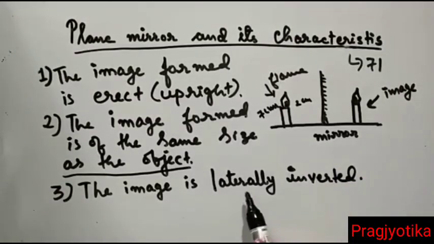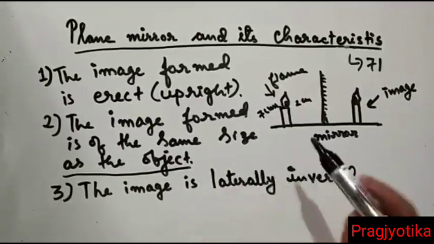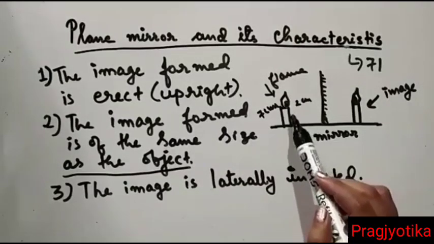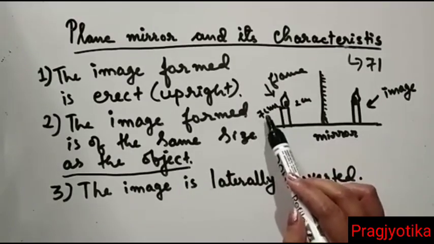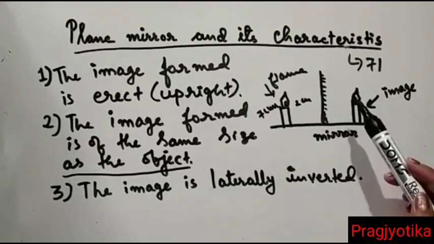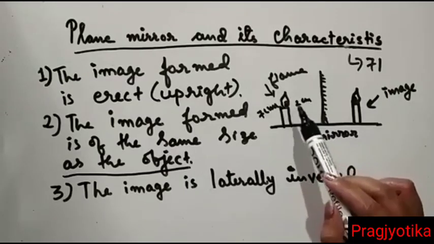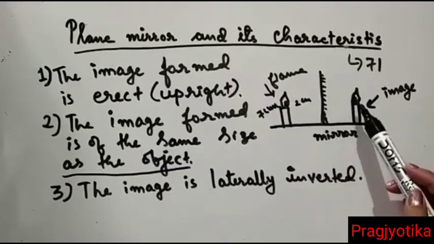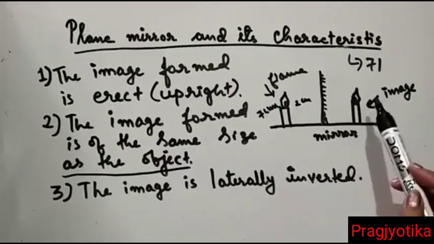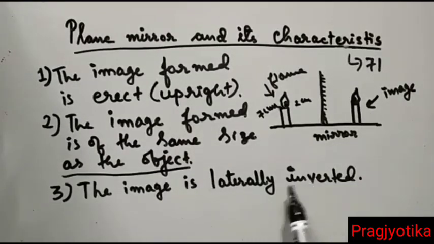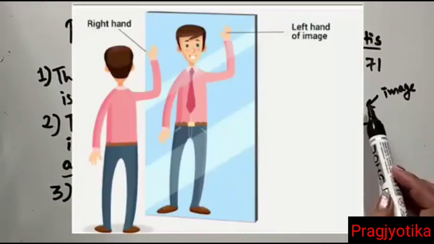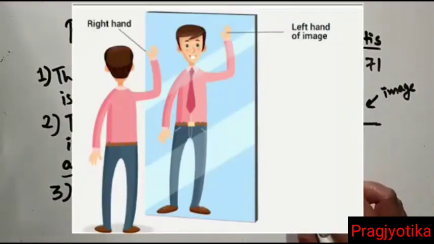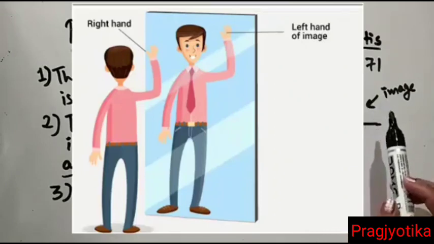Laterally inverted means the left hand side of the object appears right in the mirror and the right hand side of the object appears left in the mirror. So this is called laterally inverted. Their left and right sides are reversed. In the image, the right hand side of the object will appear left and the left will appear right.